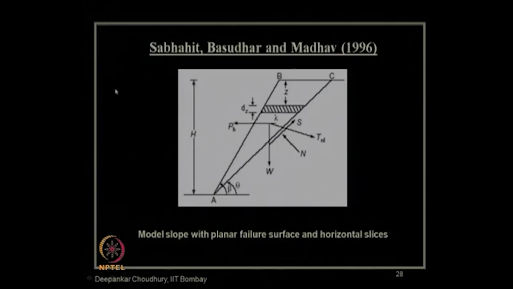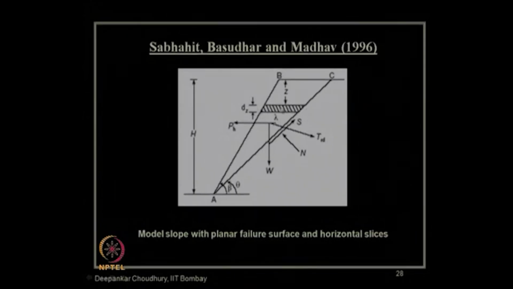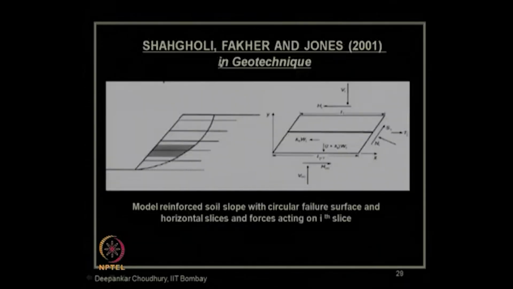Other researchers like Sabahid, Basudhar and Madhav in 1996 proposed this horizontal slice method for slope stability analysis, and this is the additional horizontal force of pH, which is acting along with other static forces. Then Shahgholi, Fakher and Jones in 2001 also used the horizontal slice method for slope stability analysis for a reinforced soil slope.